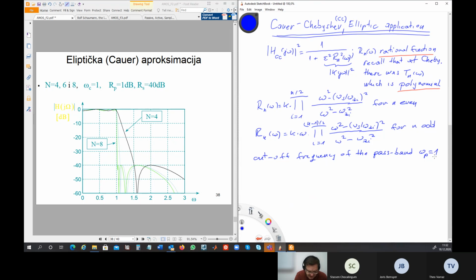This is always normalized to unity. Then we have the cutoff frequency of the stop band. We will call it omega s. That's this one here.